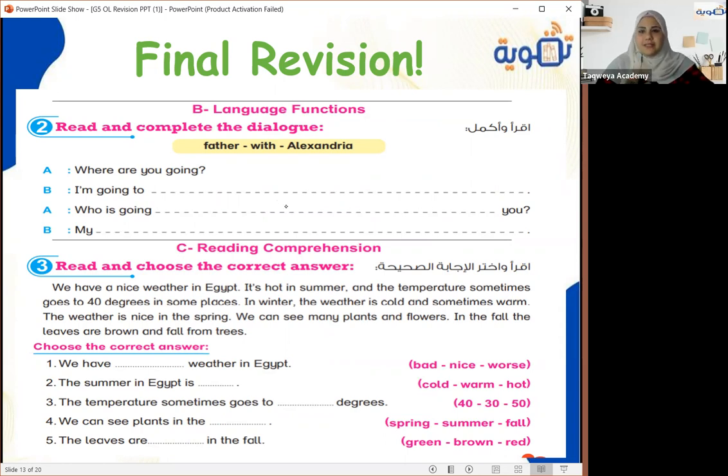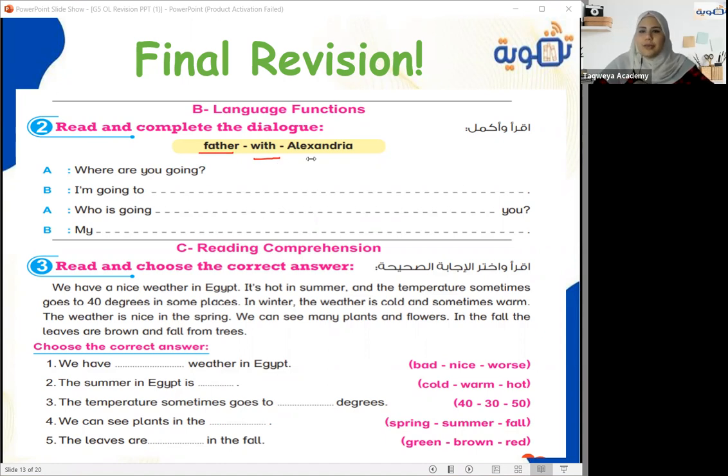Here we are. We have a dialogue. One of the most important questions that we need to read carefully. Here you have a dialogue between A and B. A is saying, where are you going? And you already have 3 words that you need to complete the dialogue with. So where are you going? I'm going to, can I say, I'm going to father? No. Can I say, I'm going to with?